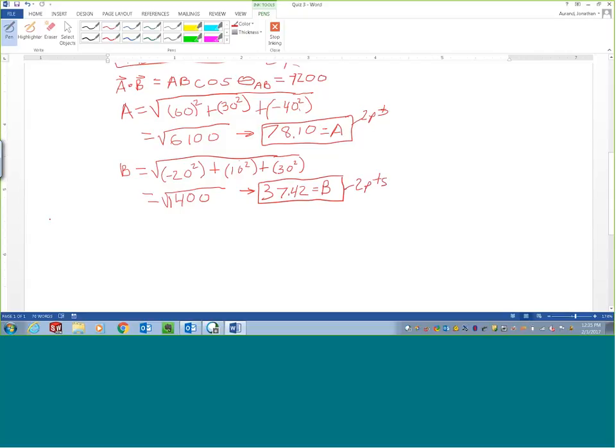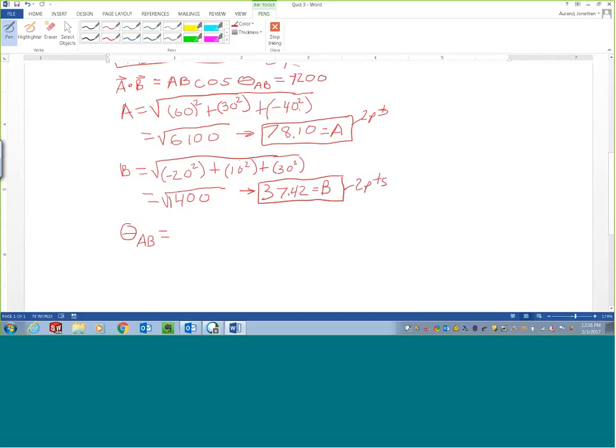Then we also need to find theta AB. That's why we were finding those magnitudes. If you recall from our equation up here, we have A dot B equals the magnitude of A times the magnitude of B times cosine of theta AB. We have our dot product is negative 1200. We rearrange here and divide by our magnitudes.